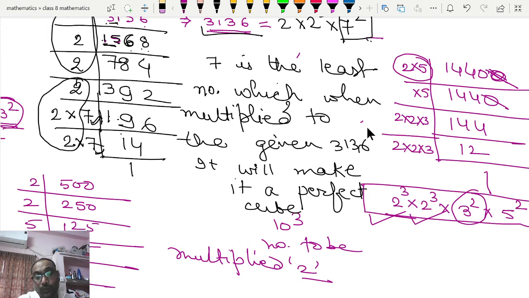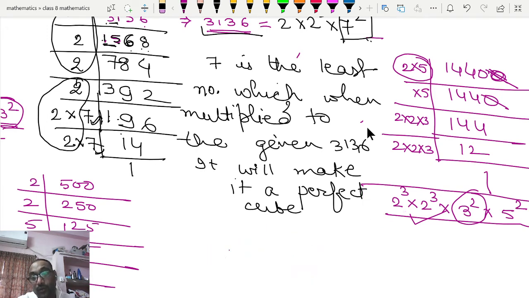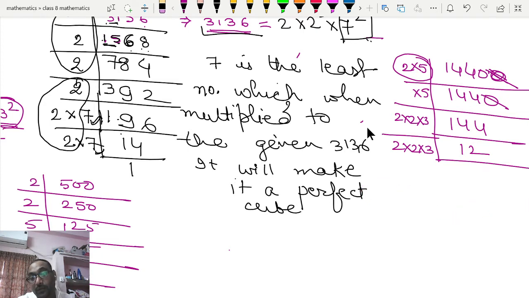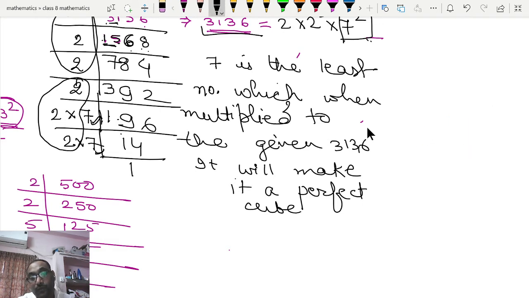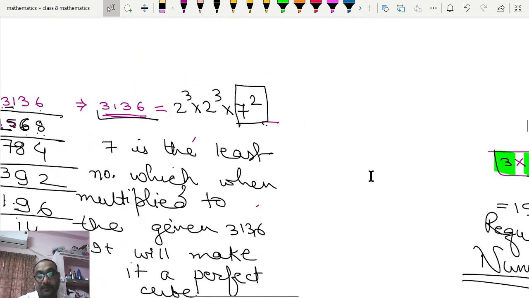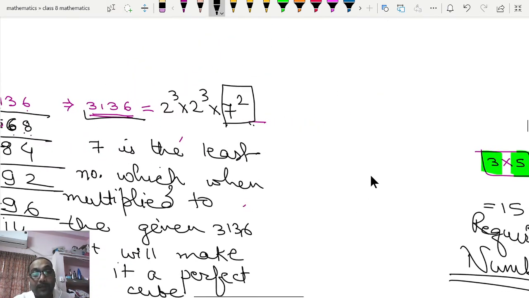Suppose the question says, what is the cube root of the number 3136 times 7? So, how do you find that? You will multiply the number by 7. If you multiply this number by 7, the result will be 2 cube into 2 cube into 7 cube.